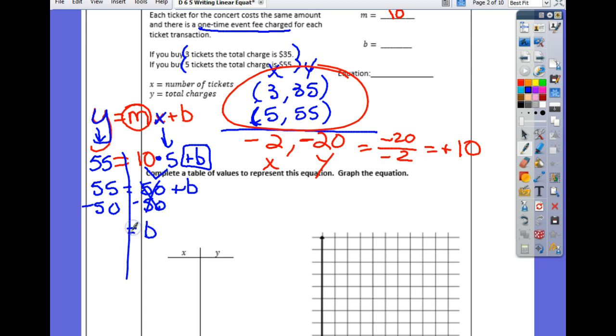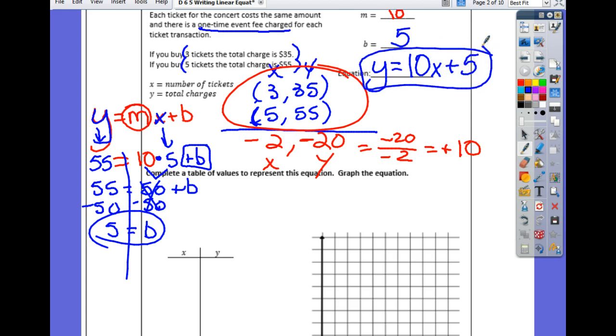What does my b equal? 5. So now my final equation, I've figured out my b is 5. y equals what? 10x plus 5. Nice. That part's done.